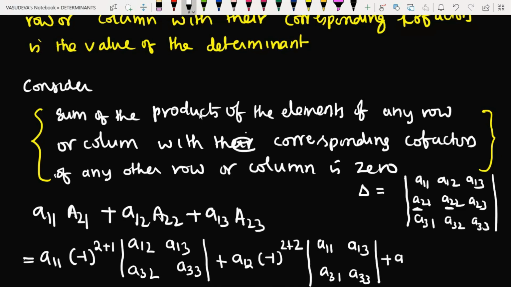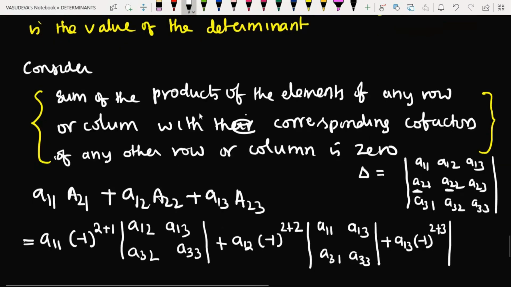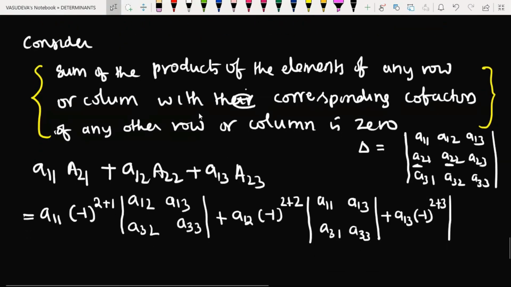Plus A13 into minus 1 to the power of 2 plus 3 into the determinant leaving out the second row and third column, we have A11, A12, A31, A32.